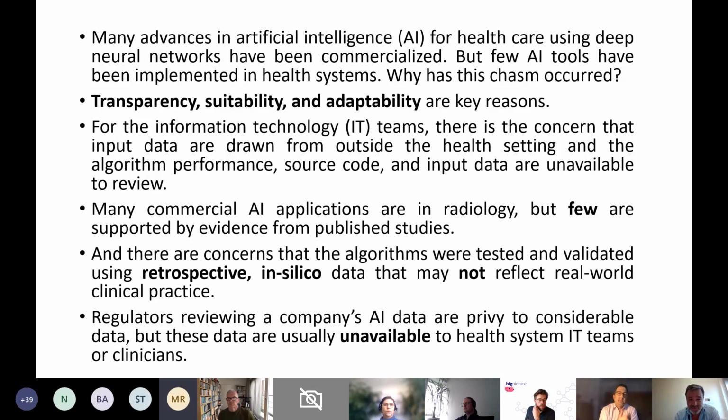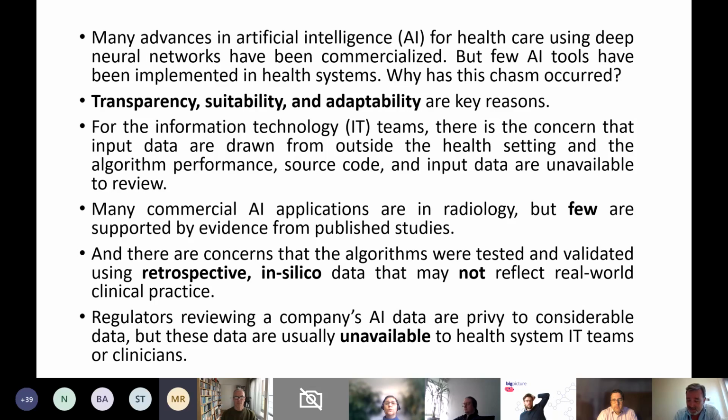So the quotes are very rapidly: many advances in artificial intelligence for healthcare have been commercialized, but few of them are implemented in a healthcare setting, which is true. And they identified 3 items: transparency, suitability, and adaptability. And I will exemplify these 3 items during my lecture with very concrete examples of how important these are.